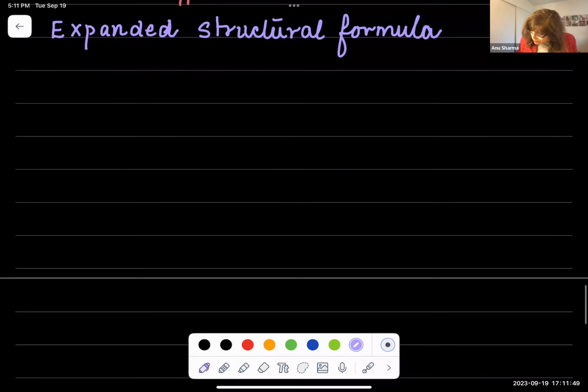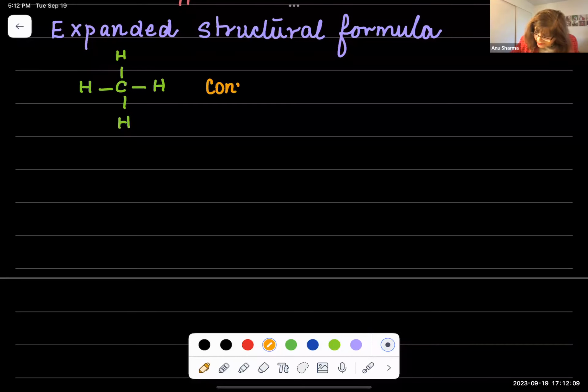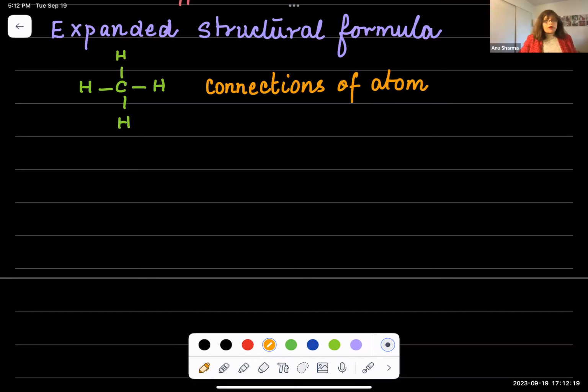In the expanded structural formula, I'm going to just use one color: carbon, hydrogen, hydrogen, and hydrogen. Here we are not even looking at the angles. We just look at the connections of the atoms, whether it's a single bond, double bond, or triple bond, and how many are located where. So only the connections of the atoms are seen.